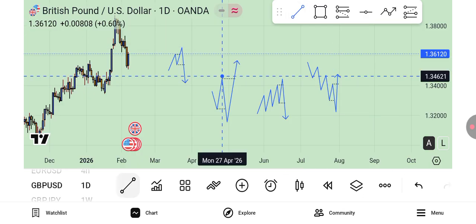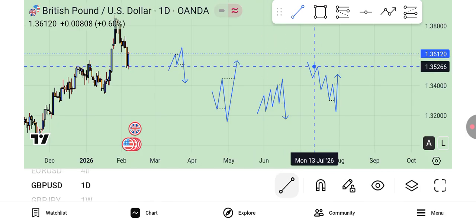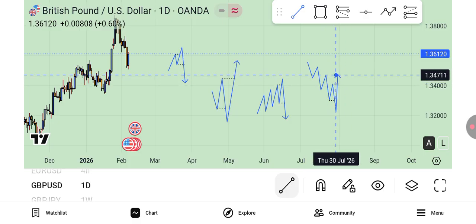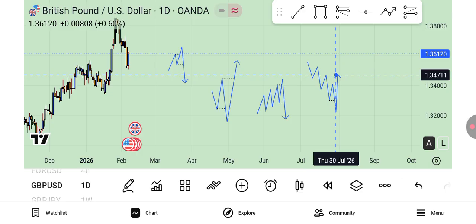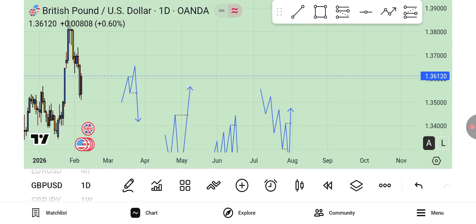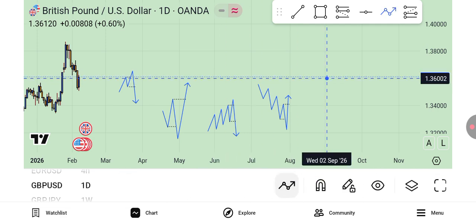You understand? Look at this area here. You see that it's respected. So here, that's what we call strong high and strong low. In a nutshell, if I want to draw my strong high and strong low, this is how I draw them.